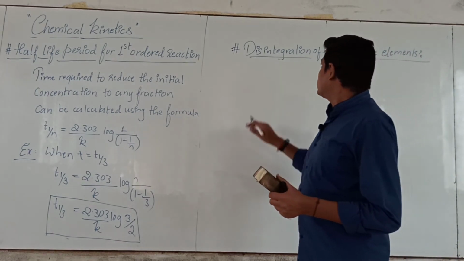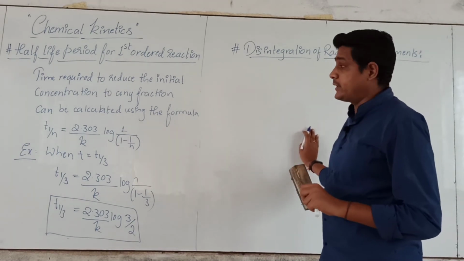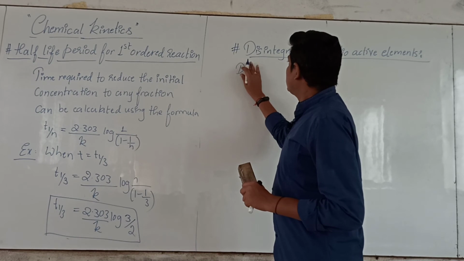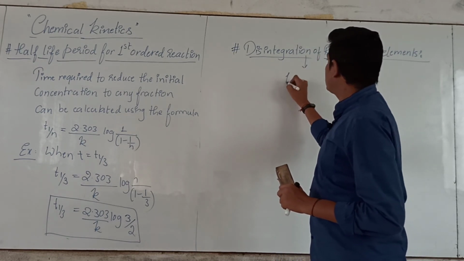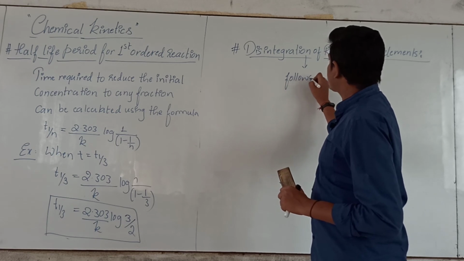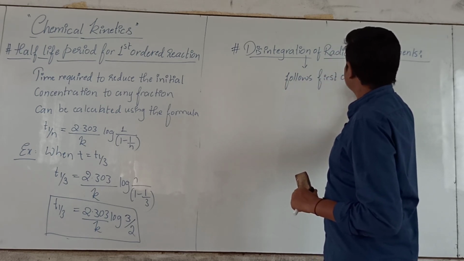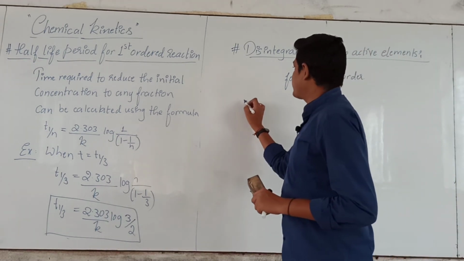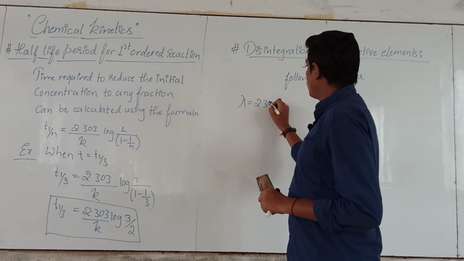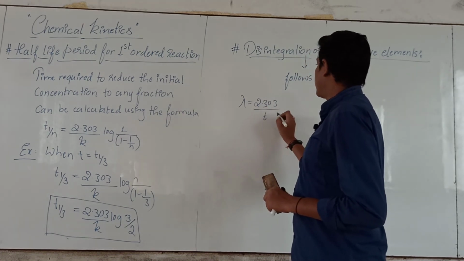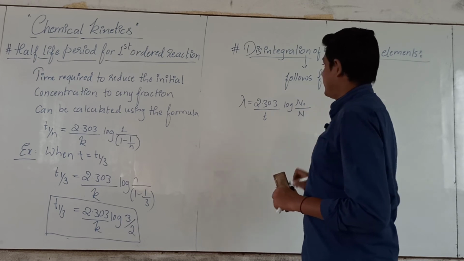Even the disintegration of radioactive elements follows first order. Then we can say lambda is equal to 2.303 divided by t into log of n naught divided by n.